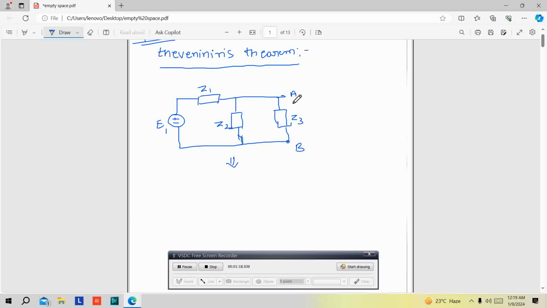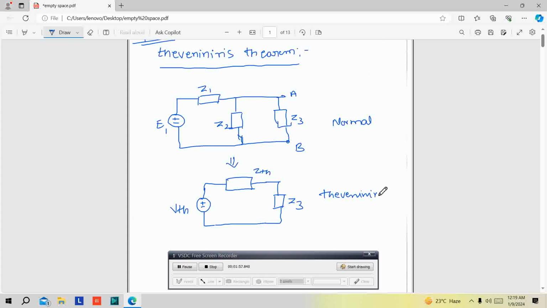First we are going to calculate VTH, the load voltage VTH, plus minus, then the total impedance ZTH, then connect the load Z3. So this is the equivalent circuit. This is the normal circuit and this is the Thevenin's equivalent circuit.